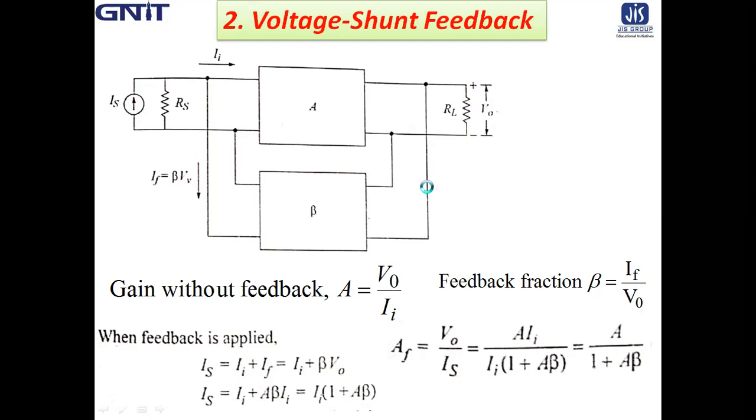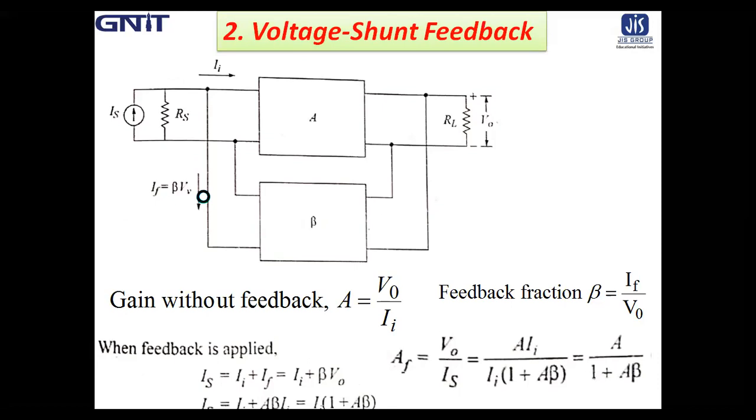And the feedback fraction has the dimension of admittance, that is current by voltage, as is clear from the equations of A and beta, which are given below.